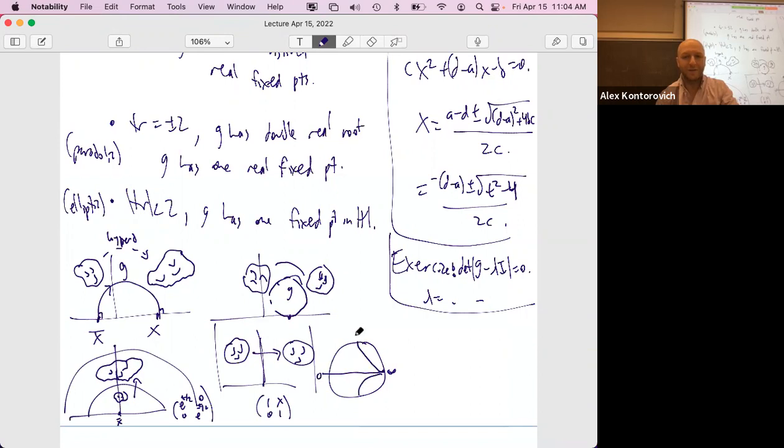If I draw a little happy face here, then translation corresponds to motion along the horocycle centered at infinity, so that this thing just slides over to this thing. But it's translation along all the horocycles. There's no preferred height, so there's no preferred horocycle. It's translation along all the horocycles centered at infinity.